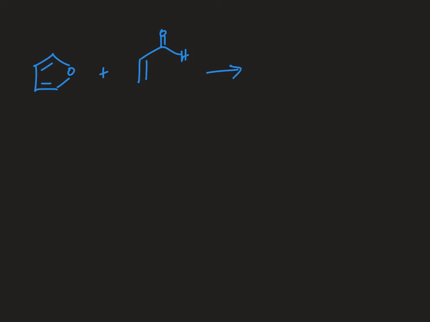So again, if you need to number, I encourage you to do so. So here's my 4 carbons of the diene that I care about. I'm going to make a new bond between carbon 1 and what I'm going to call carbon A of the dienophile. I'm also going to make a new bond between 4 and carbon B.